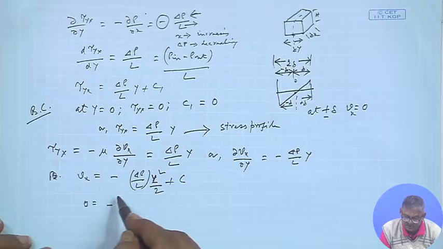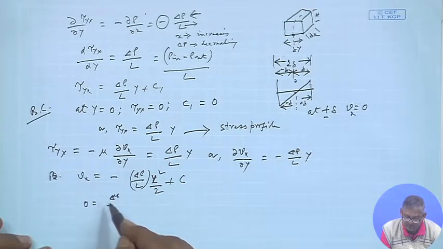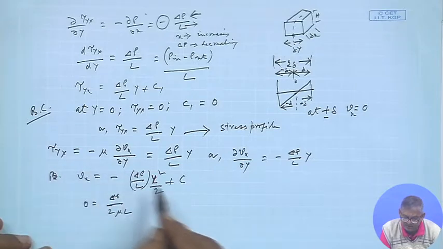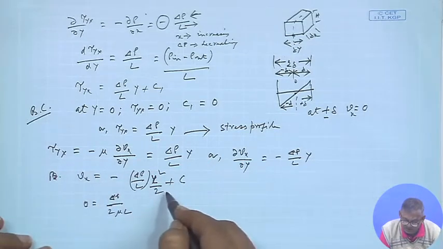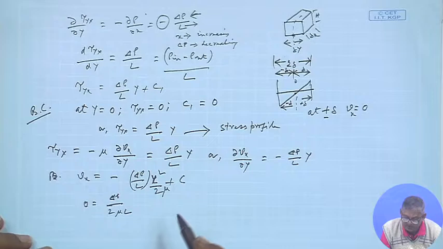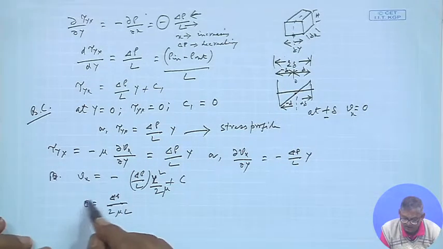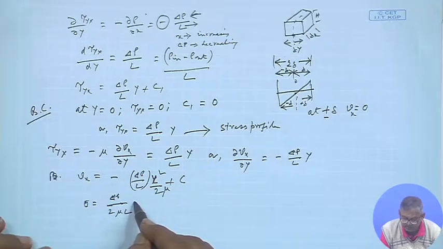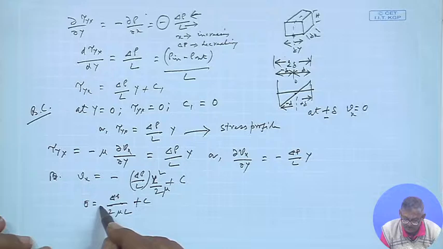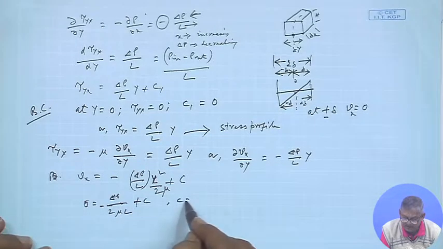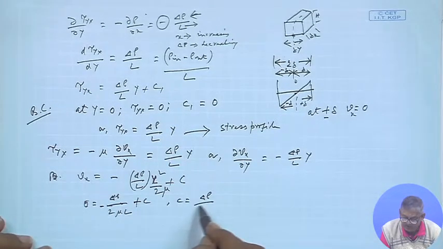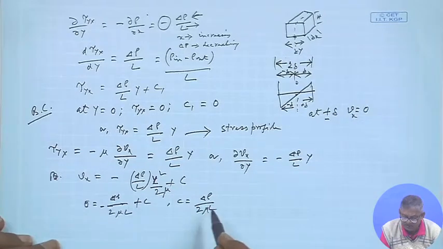So, we can write delta p over 2 mu L, here it should have been 2 mu L, 0 is equal to this plus c. So, if we take minus, then c is equal to delta p over 2 mu L into del square.